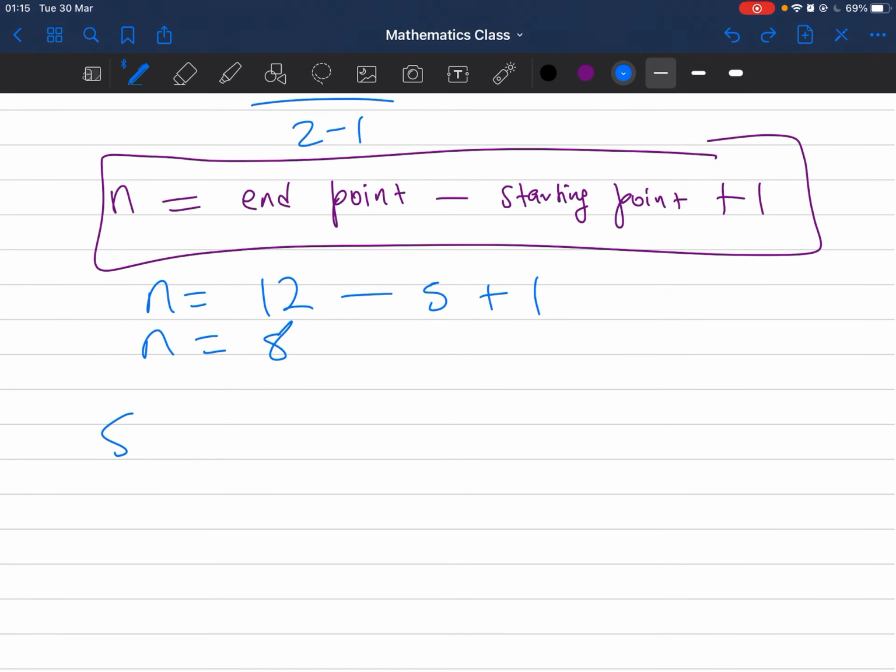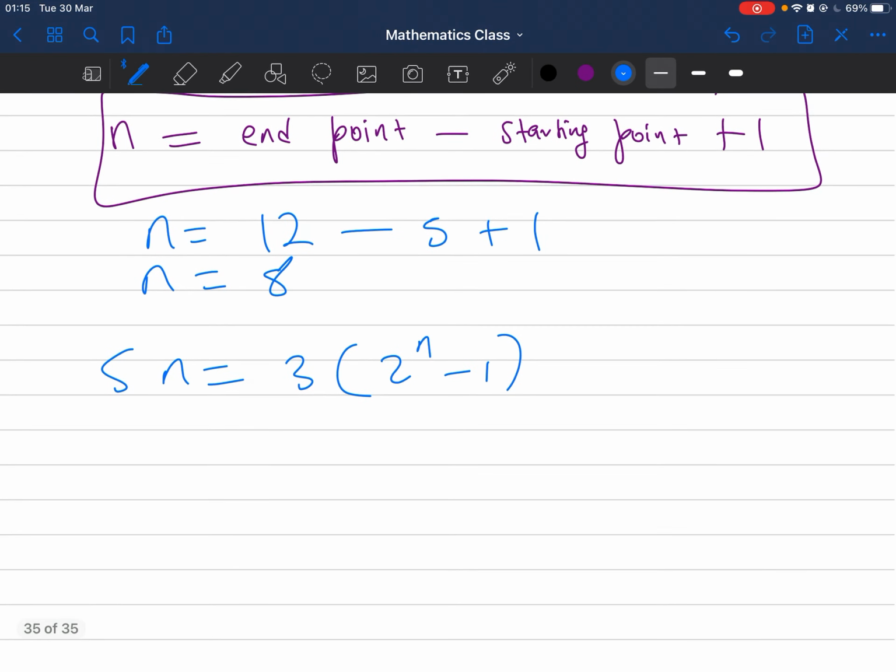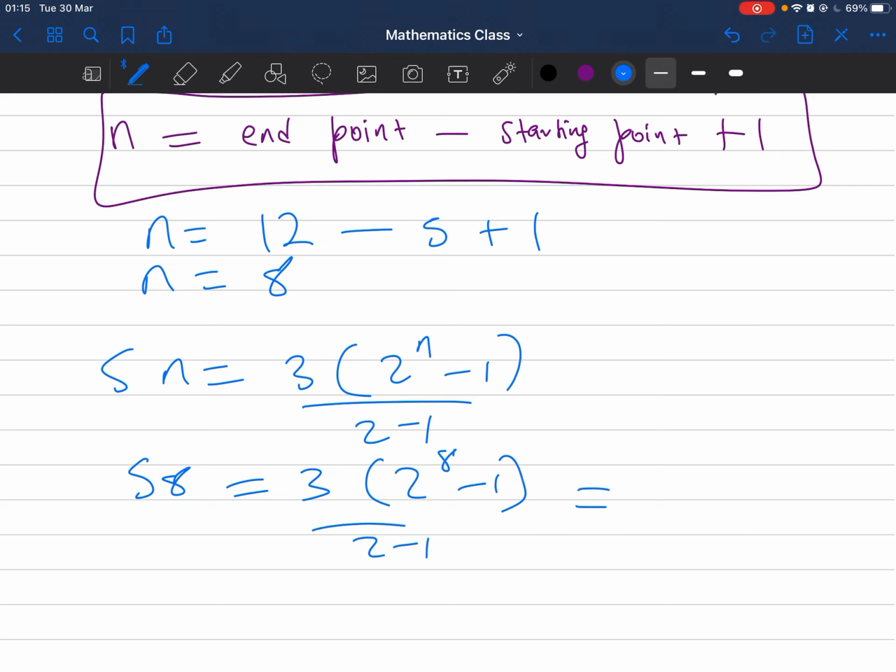So we have Sn equals 3 times 2 power n minus 1 over 2 minus 1. So S8 is equal to 3 times 2 power 8 minus 1 over 2 minus 1. And you can punch this now in the calculator. You get your answer, 765.